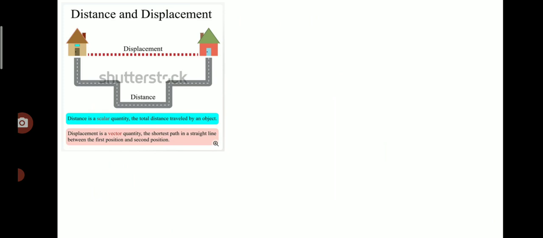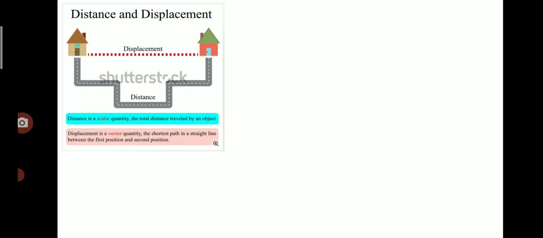So distance is a scalar quantity, the total distance traveled by an object, shown in this figure by a road, but the displacement is denoted with the dotted lines. So displacement is a vector quantity. The shortest path in a straight line between the first position and the second position is called displacement.